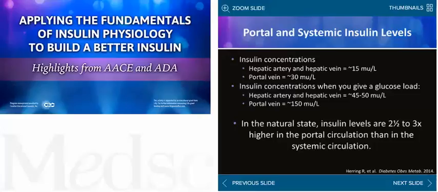On the other hand, in the portal circulation, insulin levels are about 2.5 to 3 times as high, at about 150 microunits per ml. So clearly, in the human in the natural state, insulin levels are 2.5 to 3 times higher in the portal circulation than in the systemic circulation.